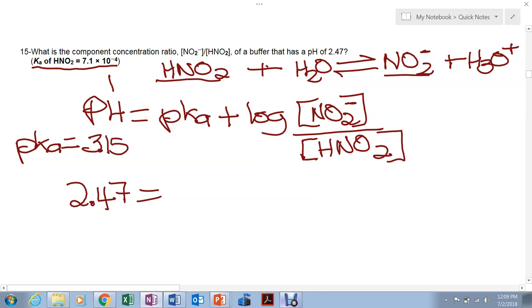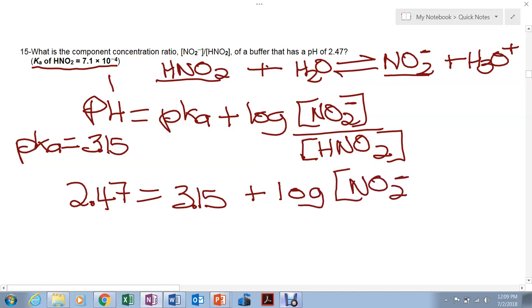That's the pKa. So here goes 3.15 plus the log of this ratio of the conjugate base divided by the concentration of the acid. So this is the whole thing we have to find.